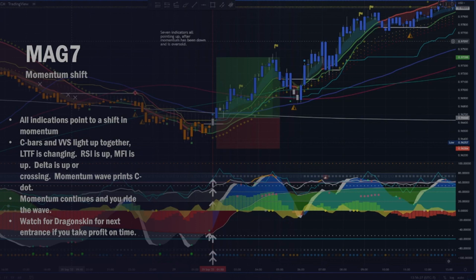The main issue that people have with this strategy is they're looking at this little blue dot that prints on Armageddon, and they say, great, Mag 7, enter in, and then price reverses immediately against them and stops them out.